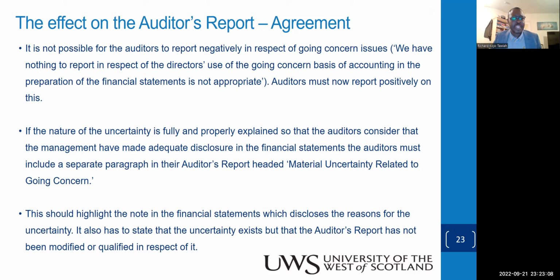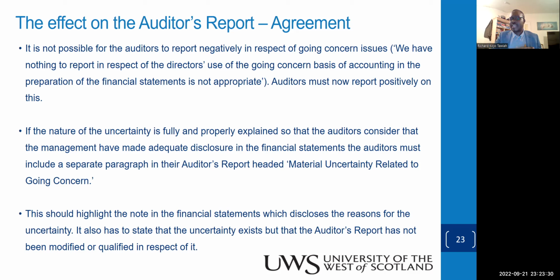Now again, if the nature of the uncertainty is fully and properly explained so that the auditors consider that the management have made adequate disclosure in the financial statements, the auditors must always include a separate paragraph in the auditor's report, and we must put it under the heading material uncertainty related to going concern.